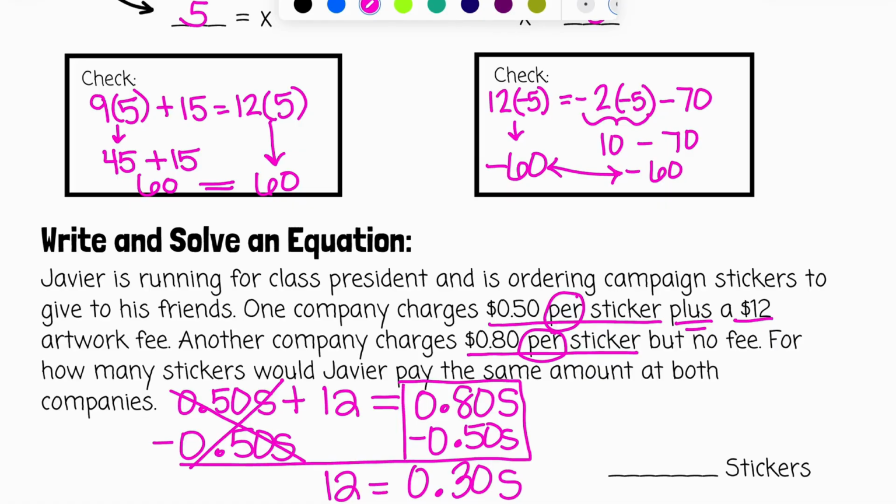And then last step, when they're side by side, you need to divide. So I'm going to divide by 0.30. And then when you calculate 12 divided by 0.30, you get 40. So if he bought 40 stickers, both companies would cost the same amount. And that's our lesson on solving three term equations that have variables on both sides.